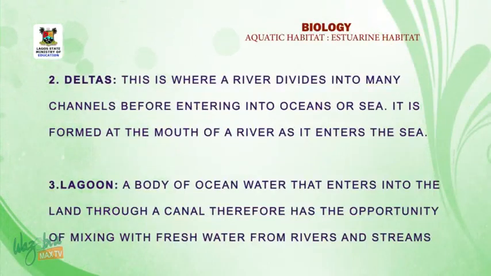Number 3, lagoon. A body of ocean water that enters into the land through a canal, and therefore has the opportunity of mixing with fresh water. That is called lagoon.